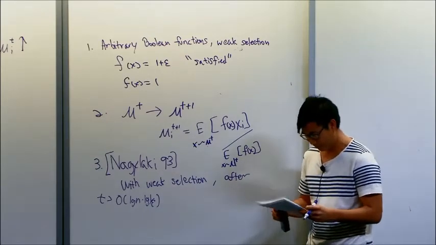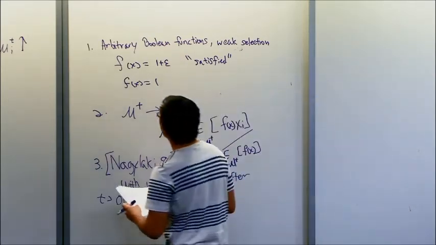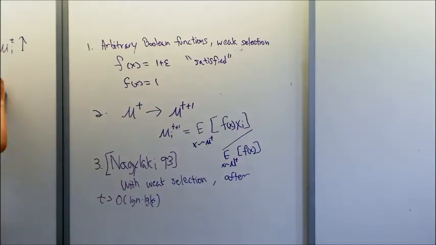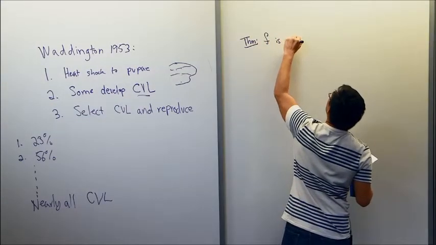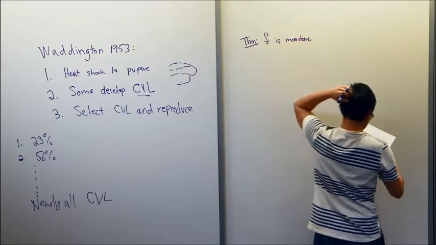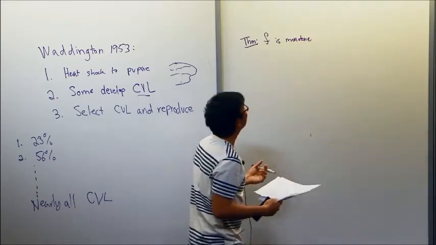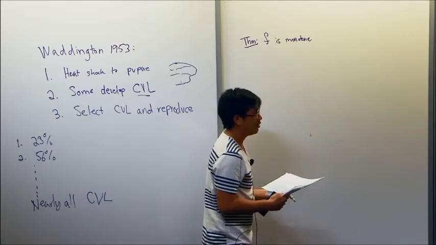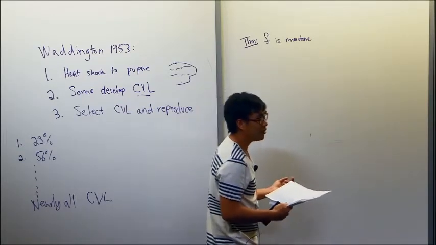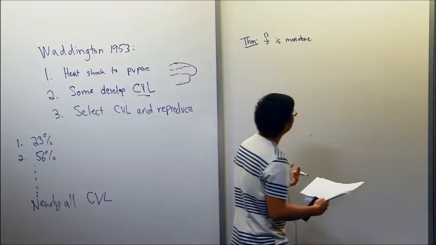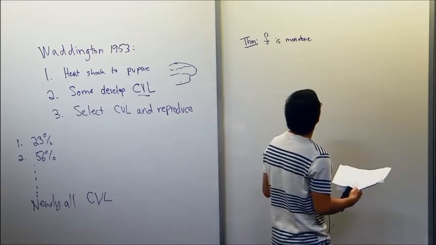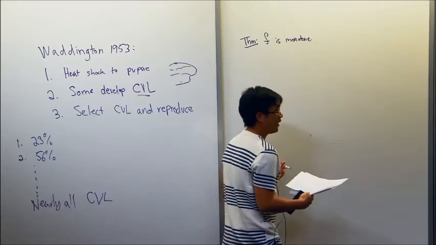Okay, so the first thing we can show, which is more general than the last thing, is that if f is a monotone function, so a Boolean function is monotone if when it's satisfied at a point, flipping a bit from a -1 to a 1 means the function has to be satisfied at that point as well.